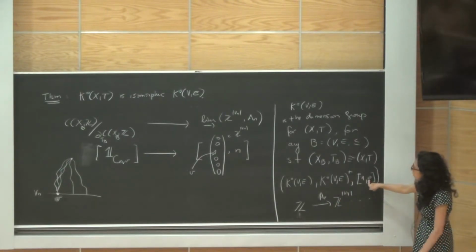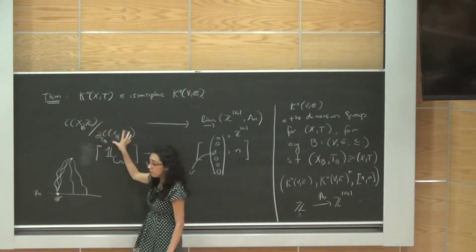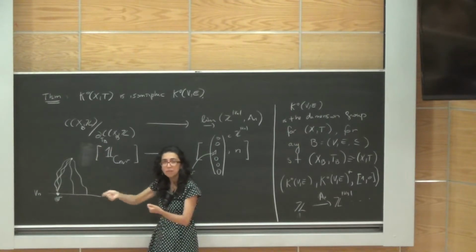And when we see this in this representation of the dimension group, this corresponds to the class of the constant function equal to 1.